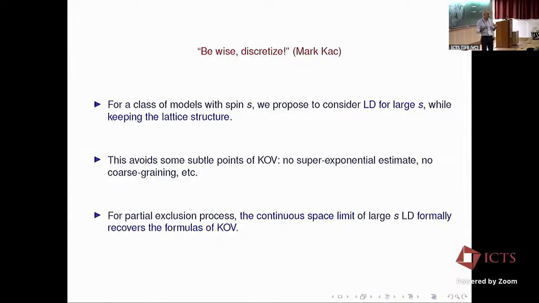Of course, it's a much weaker result, but you eliminate some of the problems. We have the observation that once you have done this, if you then do a continuous space limit, you recover the formulas of Kipnis-Olla-Varadhan. So this is an indication that in principle, this could be a road to follow.